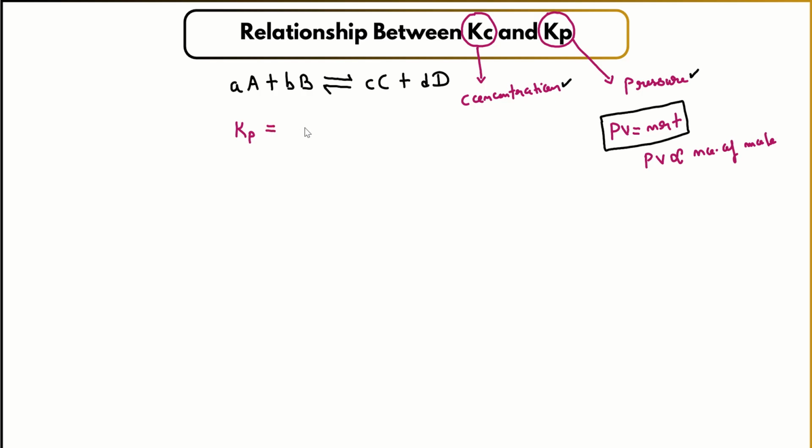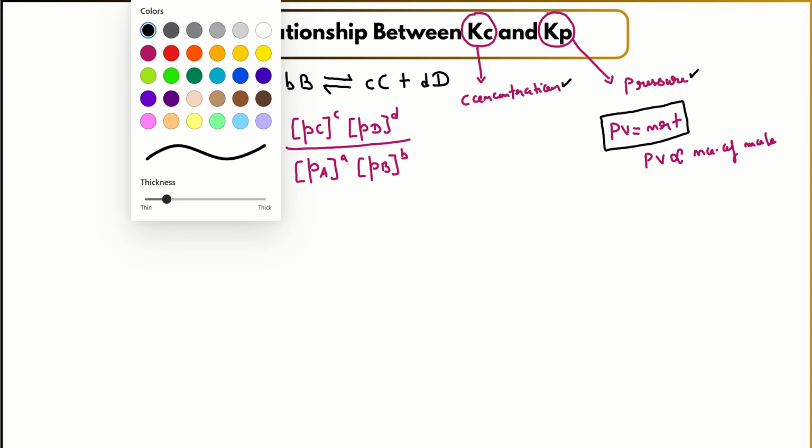So how can we write this? Pressure of capital C raised to the power small c, pressure of capital D raised to the power small d, upon pressure of A raised to the power small a, and pressure of B raised to the power small b.